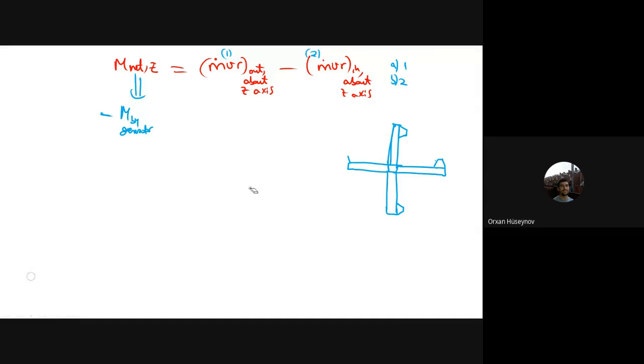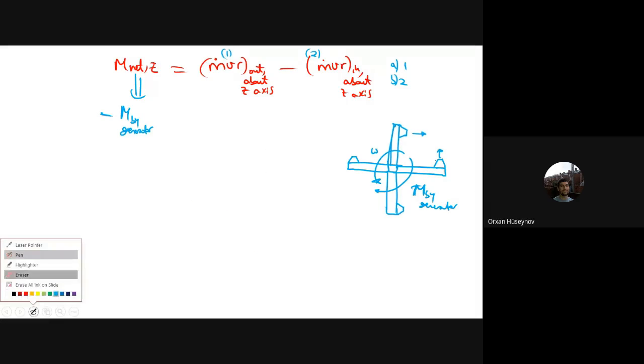So one of these terms is 0, m dot v in or m dot v out. What is your answer? Let's see your answers. When it leaves in that direction, it will rotate in the opposite direction, omega, and you will have the torque by the generator. Let's see your options.